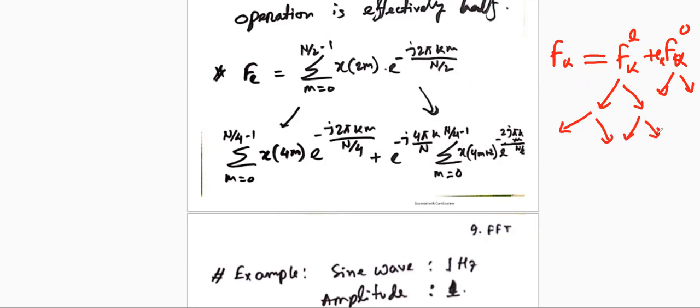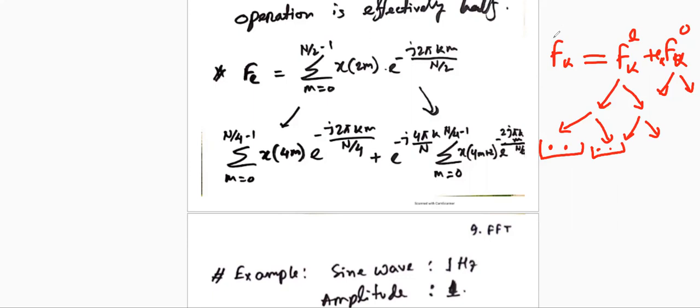Up to which level should we go? The answer is up to two samples in a bucket.